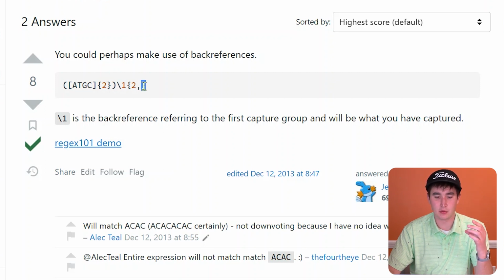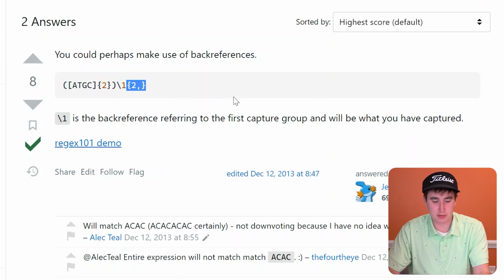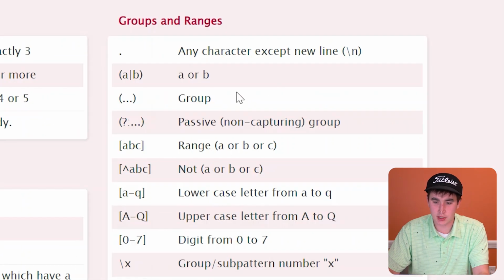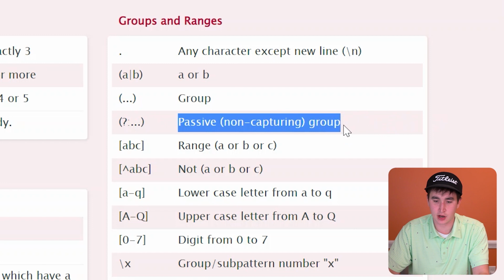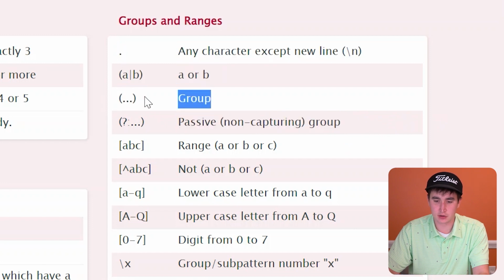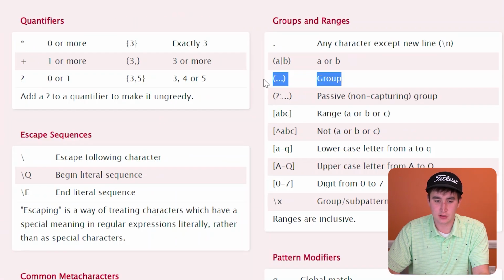And then we say we want it to repeat 2 or more times. If we look at the cheat sheet, we see group. This is a capture group. If we used ?:, it would be a non-capturing group, so it wouldn't get caught up in that reference. We take the group, and then we can leverage these quantifiers to specify how many times it should occur.